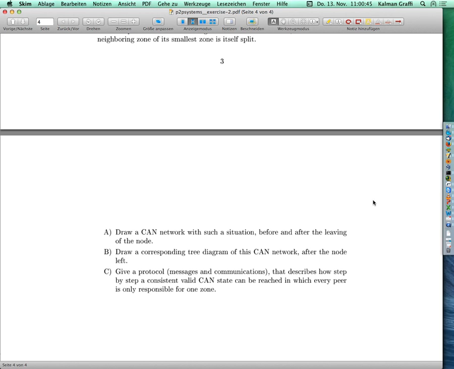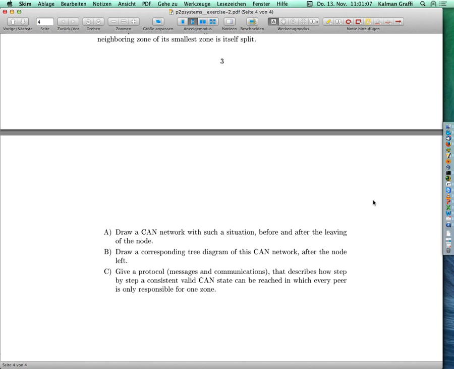So let's say, I don't want to take a too easy one. So let's say N would detect it just by random. Then N would be for a short time responsible for this part as well. So yes, probabilistically the smaller ones will detect it earlier, but let's say N would detect it for a short time.